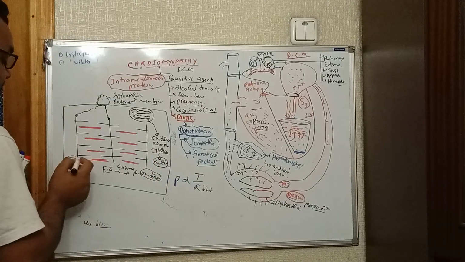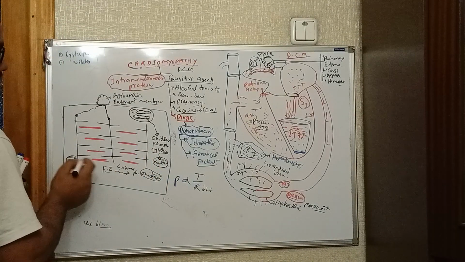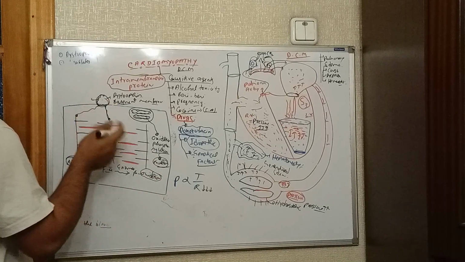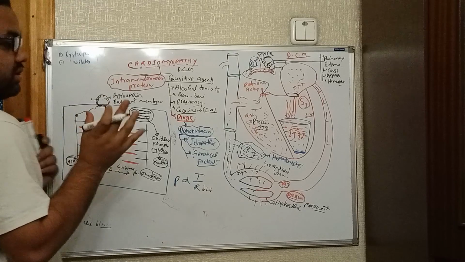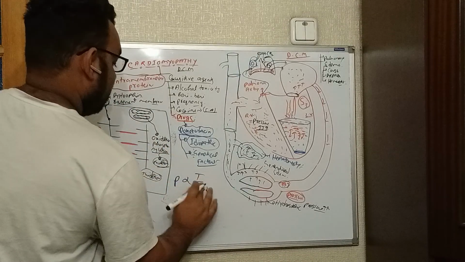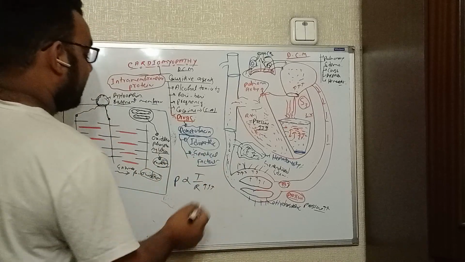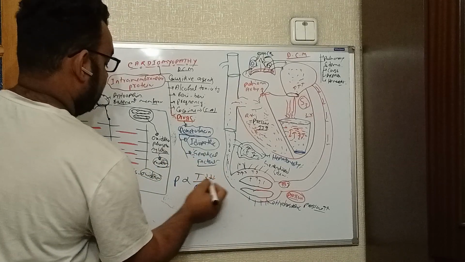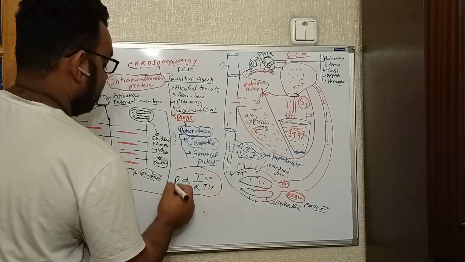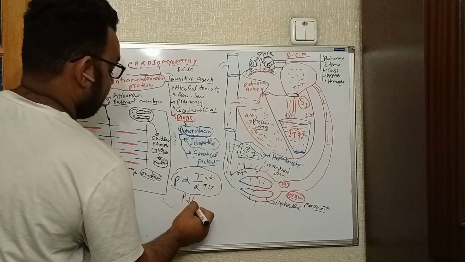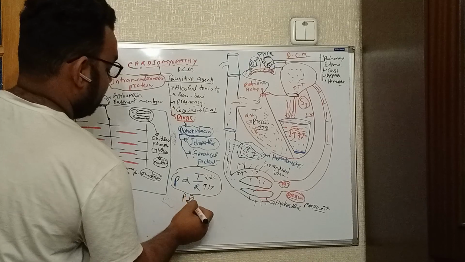Now, if the energy production is not enough there, the tension will be less. Along with that, if the dystrophin protein is not working well because of the mutation, then the force generated will also be less. So the radius will be more, that is getting dilated, and the tension will be less. As a result, we will see a fall in the pressure.